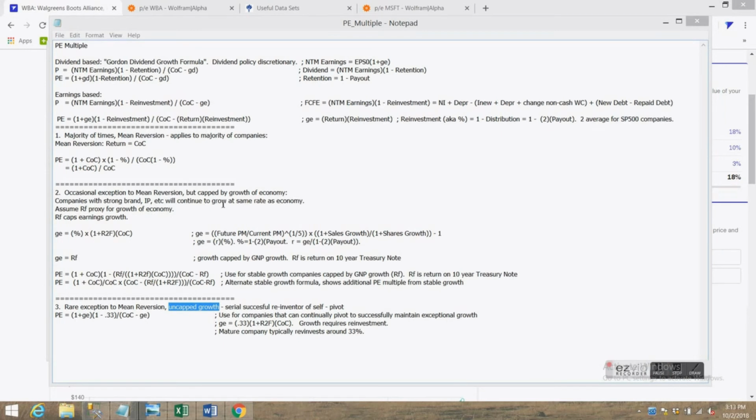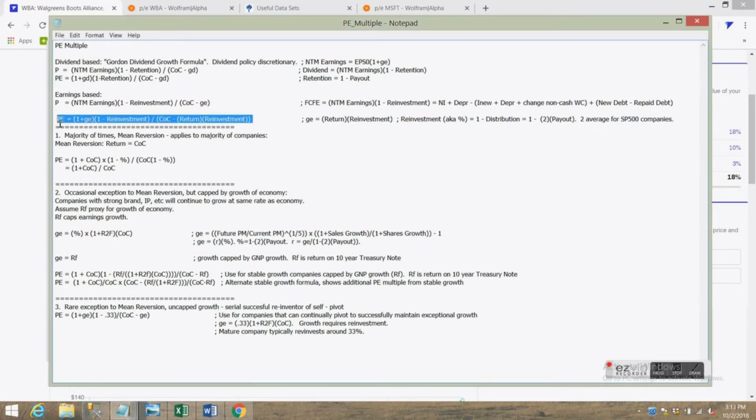All right, next we're going to be talking about mean reversion. And since now we have an idea of where the formula comes from, mean reversion simply means we're letting the return equal the cost of capital. That at some point a company will no longer be able to, through competitive pressures, continue to earn a rate of return on its projects greater than what the market expects in terms of cost of capital.